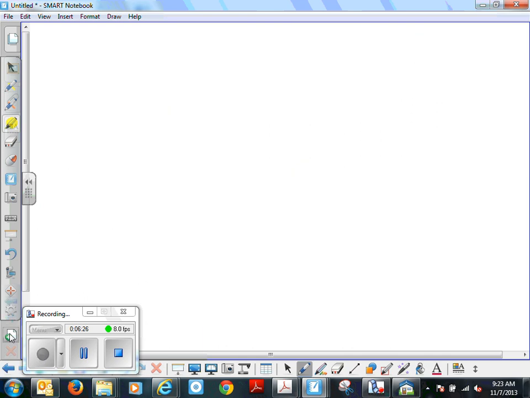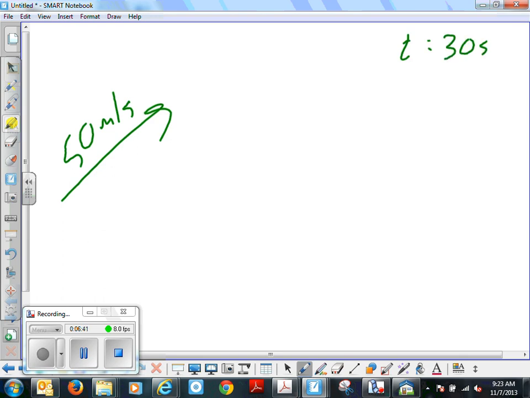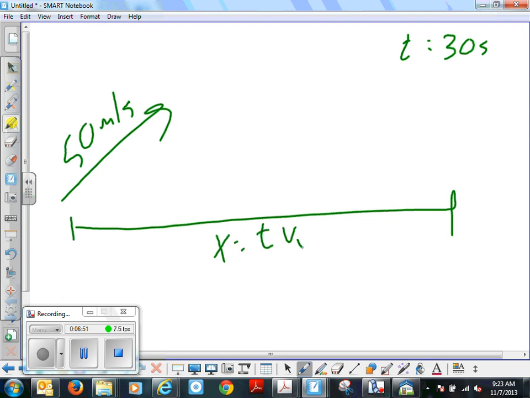Well, let's look at another situation. Let's say that we have maybe 50 meters per second, and we know that the time that this takes is 30 seconds. Can I solve for displacement? Well, I know that displacement is time times velocity in the x direction.